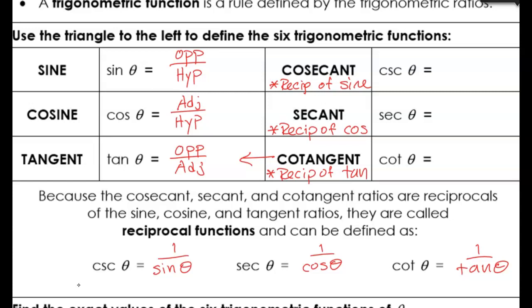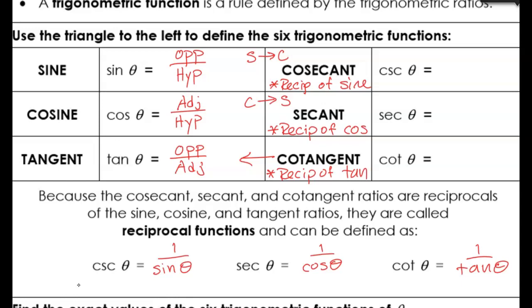How I remember it is because it's the reciprocal, it's the opposite. Sine, which starts with an S, goes to the one that starts with a C, and the one that starts with a C, cosine, goes to the one that starts with an S. So secant, that starts with an S, goes with cosine. Cosecant, that starts with a C, goes to sine. That's how I remember it.